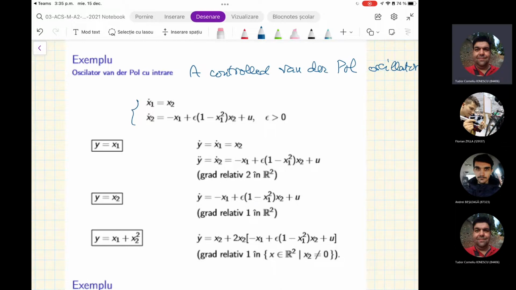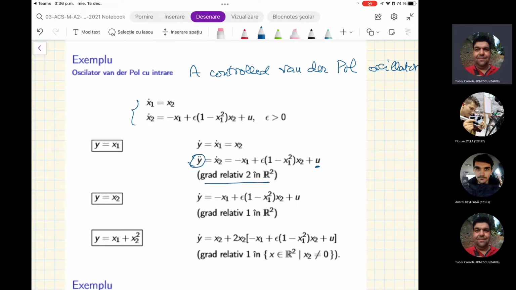Now pick the output y equal to x1. Then y dot is x1 dot, which is x2. y double dot is x2 dot, which is minus x1 plus this term. The term in u is not vanishing, hence we stop here. The relative degree is 2 because you stop at the second derivative.